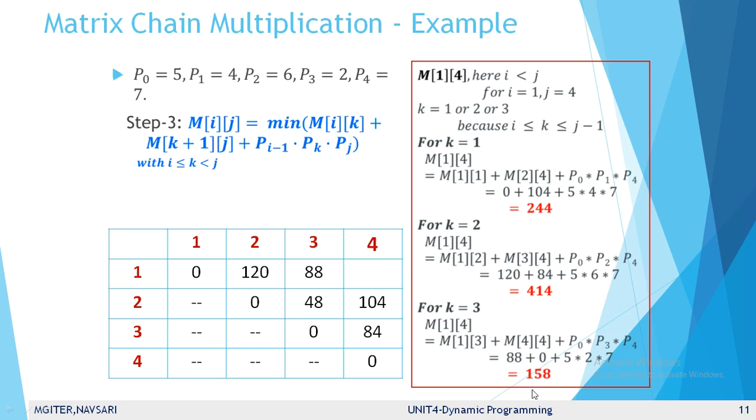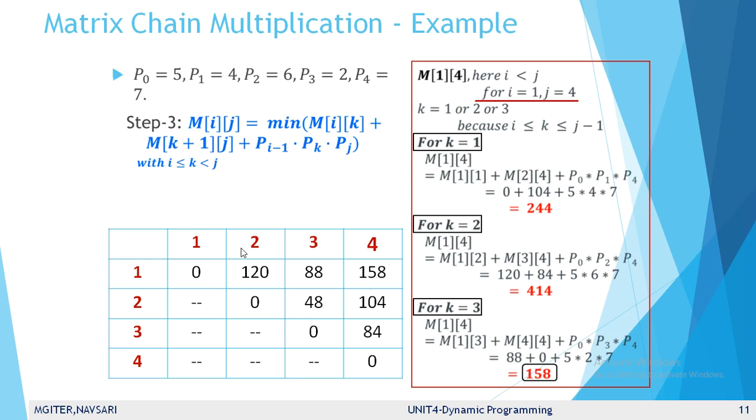So here the less computation is 158 whenever the value of k is equal to 3. So we put M of 1 4 is equal to 158 in the table of M. So we put here 158.